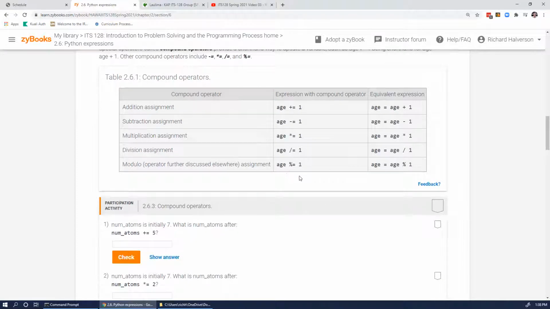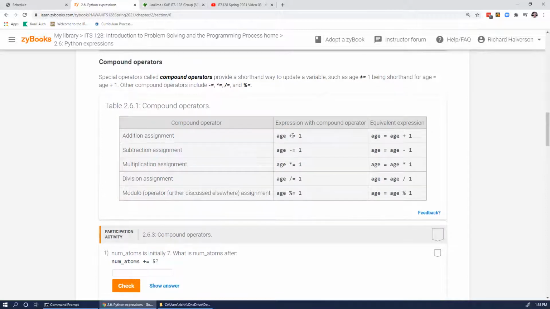Okay, so there are these things called compound operators. This is the same as this, where you take the current value of age and add 1 to it, and that gives us a new value of age. Here you're subtracting 1.